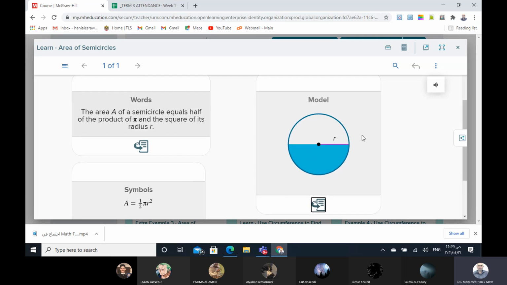This is the whole circle. In the shaded part here, we have the semicircle.